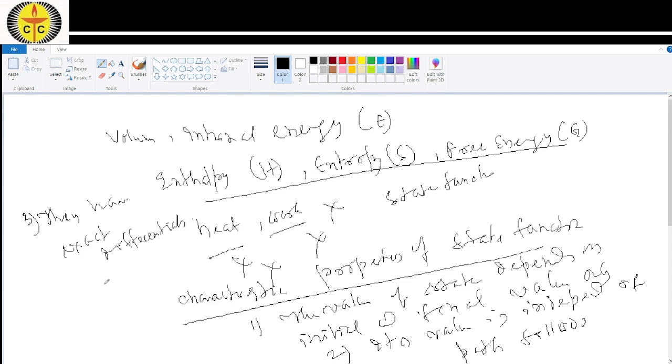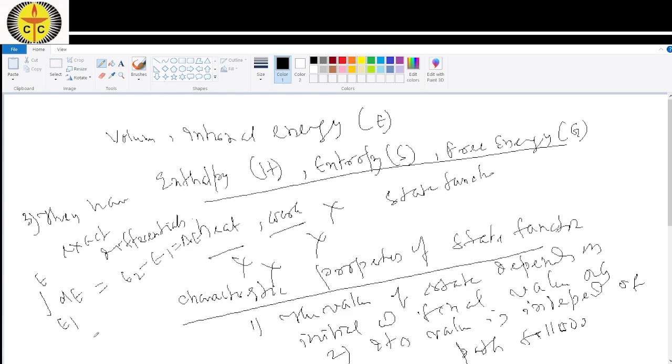What is this? You can write it in the calculus method. Integration from E1 to E2 of dE. If you integrate it, it will be E2 minus E1. That is equal to delta E. Here E is the internal energy.